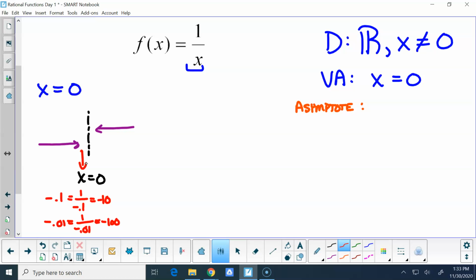Okay? So how we write that is as x approaches 0 from the left. That little negative sign in the exponent is telling you that you are approaching from the left. My function, f of x, is going to negative infinity.